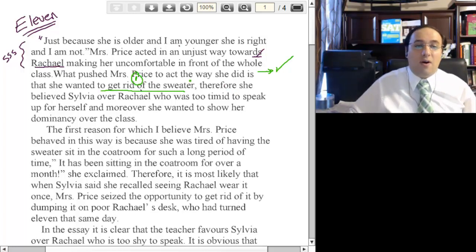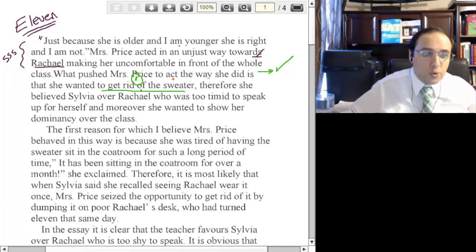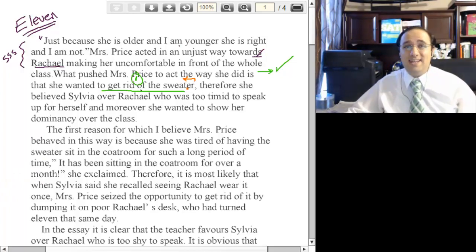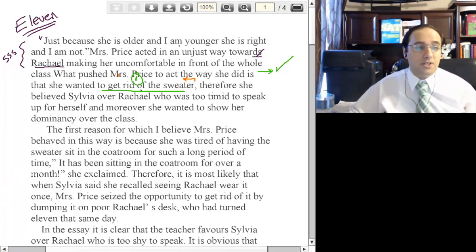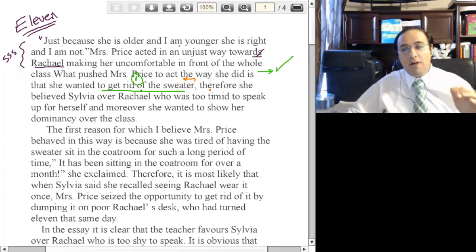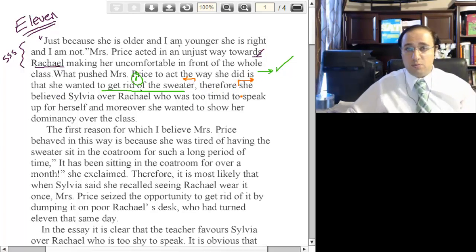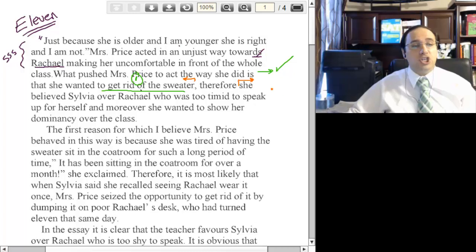Therefore, okay, now if you take a look here, before the comma, you have a complete sentence, okay? An independent clause. What pushed Mrs. Price to act the way she did is that she wanted to get rid of the sweater. That's a complete sentence. Comma, therefore. After therefore, guys, and this is something we'll be doing in more detail in one or two classes, she believed Sylvia over Rachel, who was too timid to speak up for herself.